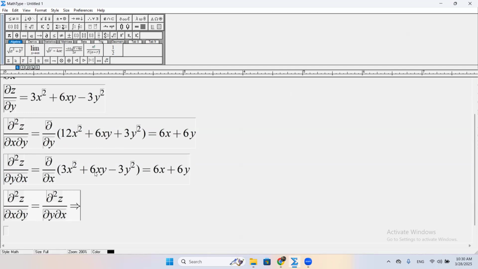And the final answer is what was required to check. So in such tasks, you must also write the conclusion. So not only calculate, but write the conclusion that you see that really it is true.